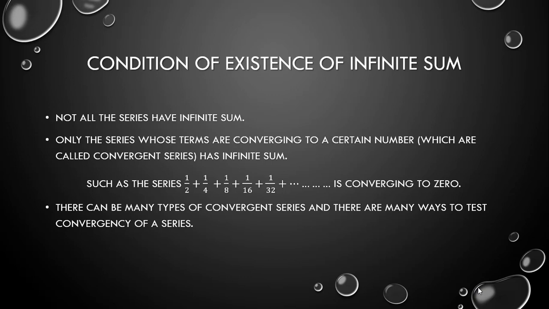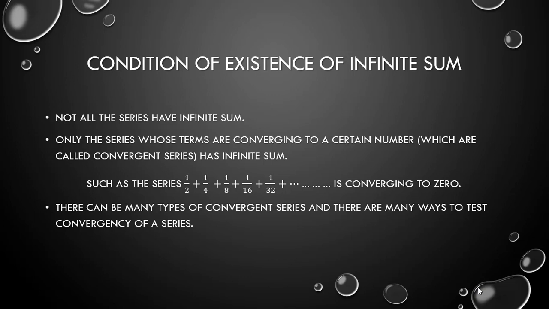So if you can find any series which is convergent, which is converging to a certain number, either 0, or 1, 2, 3, 4, or any number, this series will have an infinite sum.